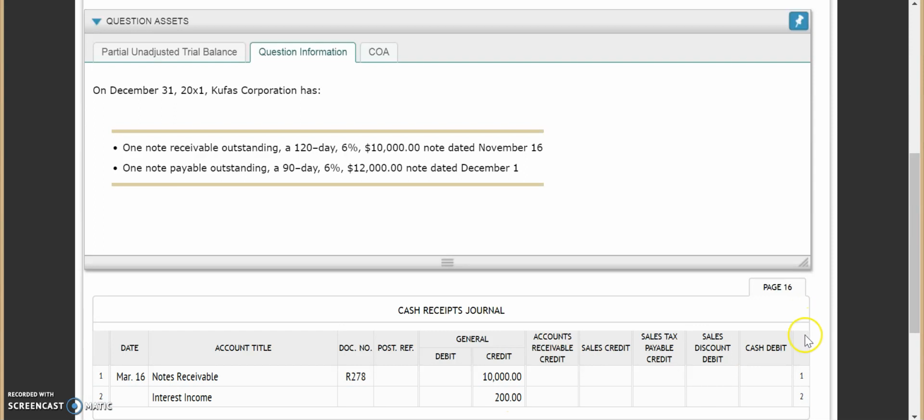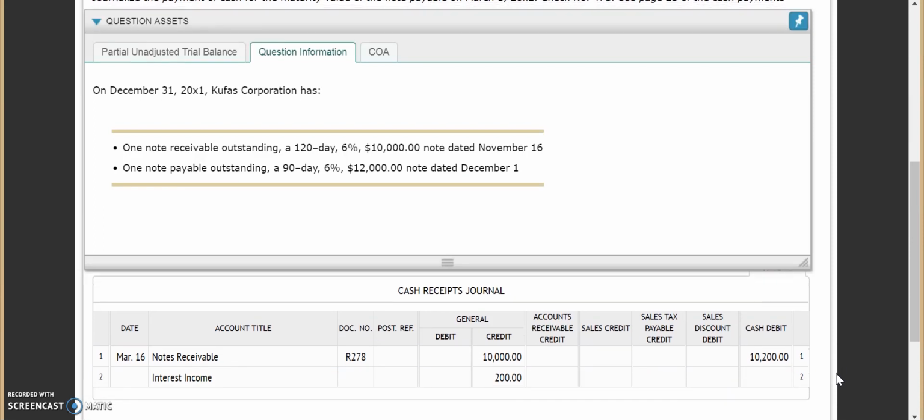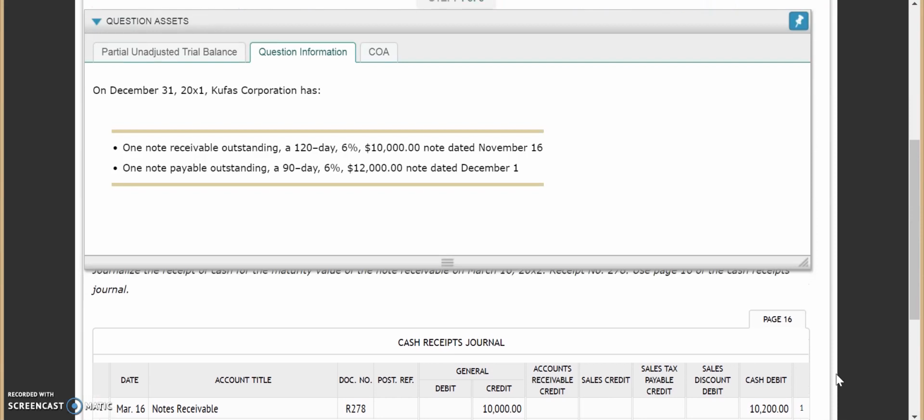And then our total cash coming in at the maturity date is our notes receivable plus our interest income, which is $10,200. Okay, so that's journalizing at the time where we are actually receiving cash and paying cash.